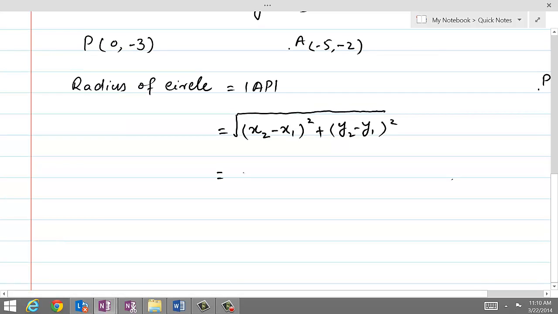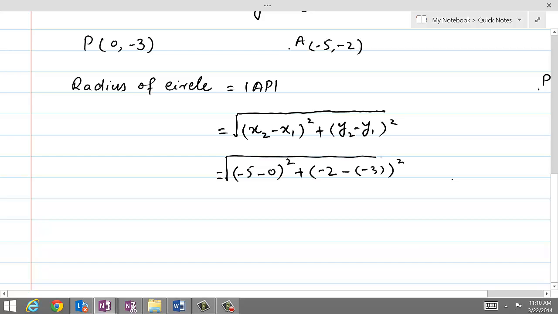So here we have minus 5 minus 0 whole square plus minus 2 minus minus 3 whole square. Then we will take the bracket and then take the square root.